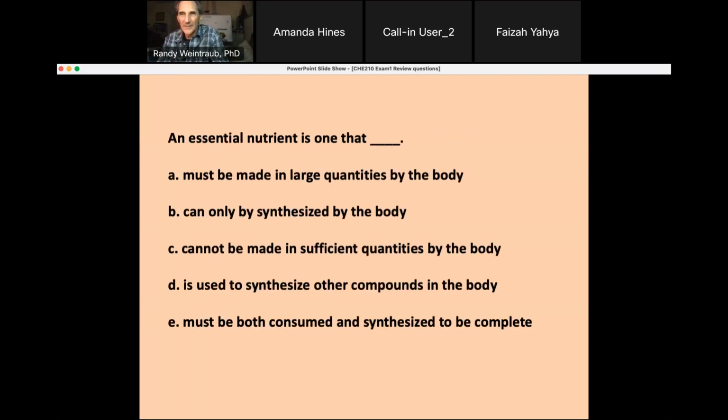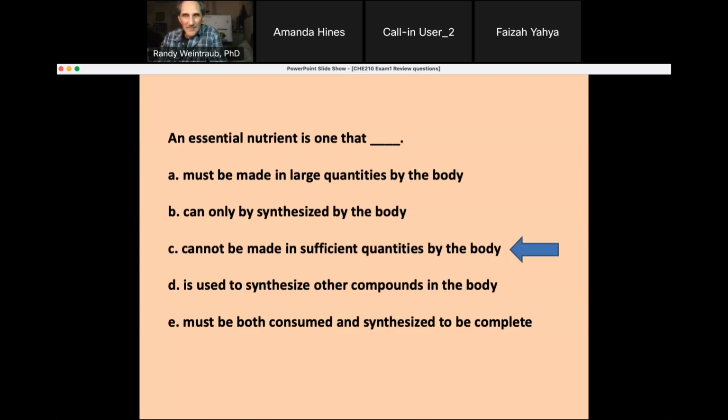An essential nutrient, this is a variation on a previous question. Essential nutrient is one that it's not synthesized, it's not made in our body, but we cannot make sufficient amount, or we don't make it at all.